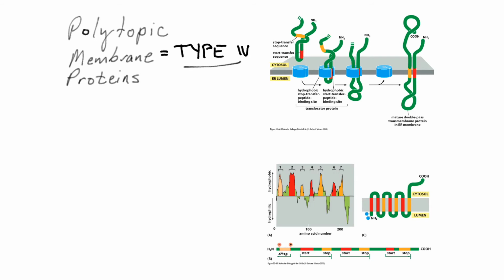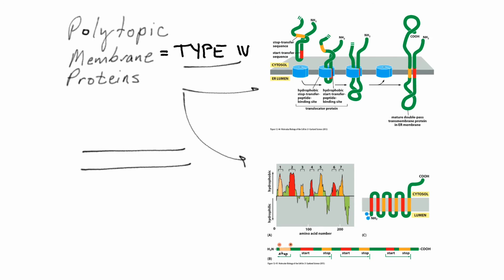So over on the right-hand side of this diagram are two mechanisms for how that could be achieved using the topogenic sequences that we talked about, the stop transfer and signal anchor sequences. But in fact, you can do a polytopic protein using signal sequences as well, and that's very common.